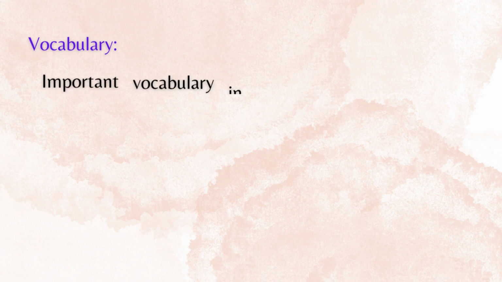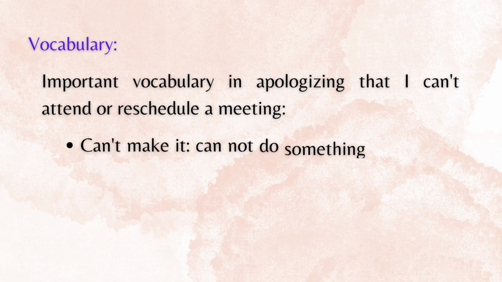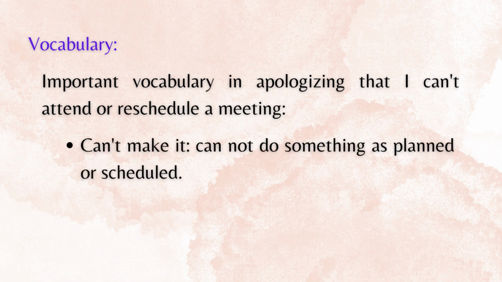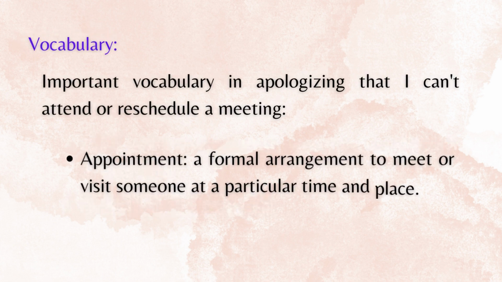Vocabulary. Important vocabulary in apologizing that I can't attend or reschedule a meeting. Can't make it, cannot do something as planned or scheduled. Instead, as an alternative. Appointment, a formal arrangement to meet or visit someone at a particular time and place.